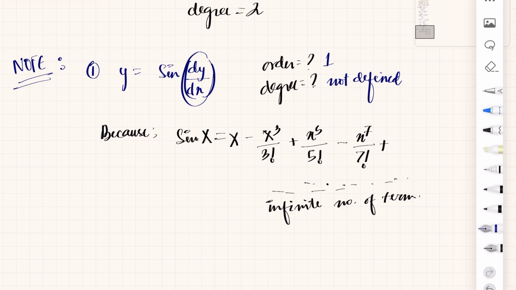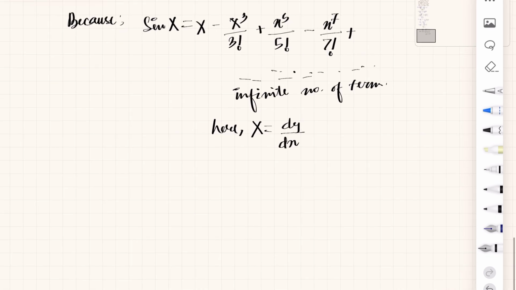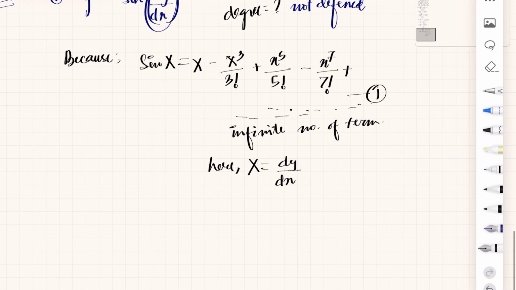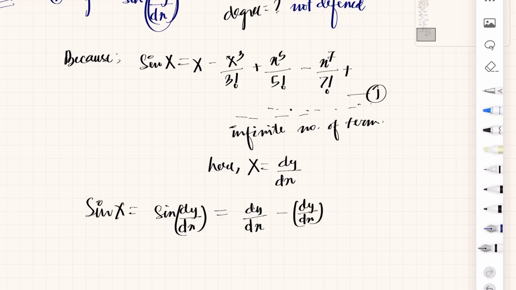So here I consider x as dy by dx. If I put this into sine of dy by dx, then it will be dy by dx minus dy by dx to the power 3 over 3 factorial plus dy by dx to the power 5 over 5 factorial, and it goes on.